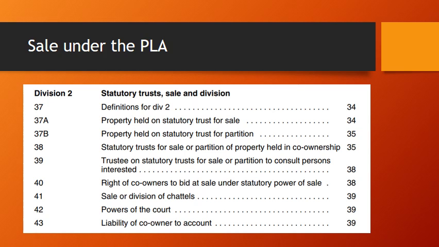And what that basically means is dividing up the property according to the proportions in which the co-owners hold the place. So you find it in sections 37 through to 43 of the Property Law Act. The important ones that you probably need to know there are section 38 and all the way down to 43.